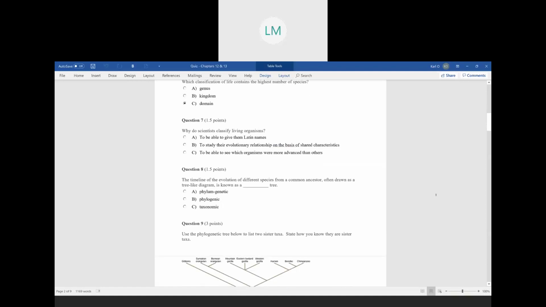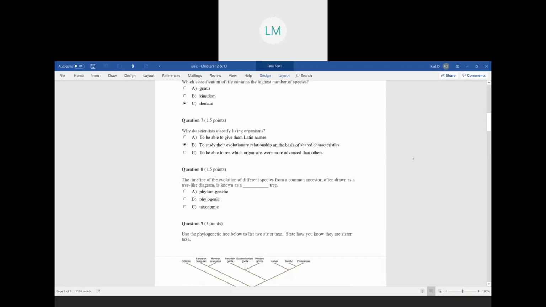Question number 7, why do scientists classify living organisms? The reason they classify living organisms is to study their evolutionary relationship on the basis of those shared characteristics. Humans like to organize and classify things. It's helpful for us to study those evolutionary relationships. We do give them Latin names, but that's not why we classify them.